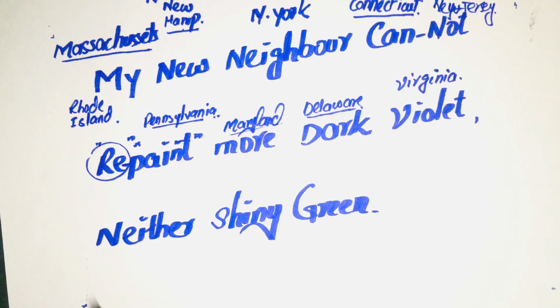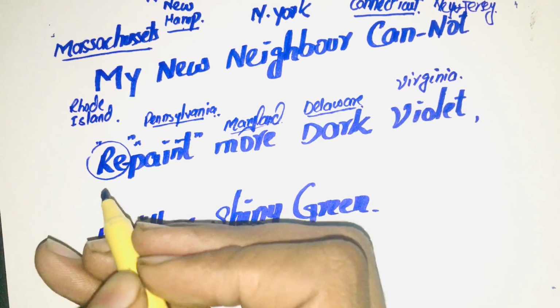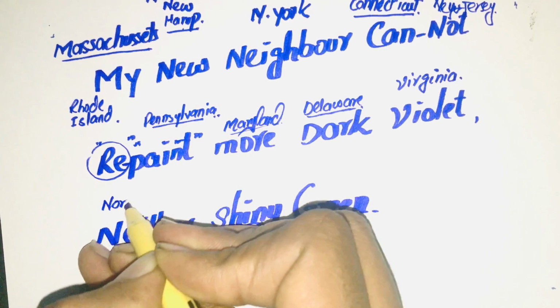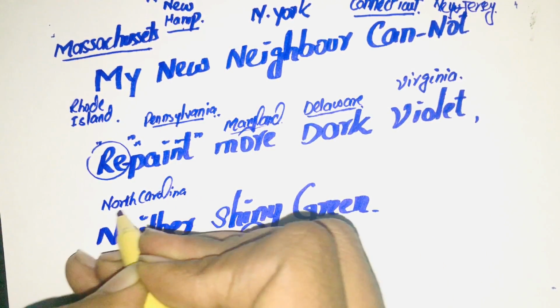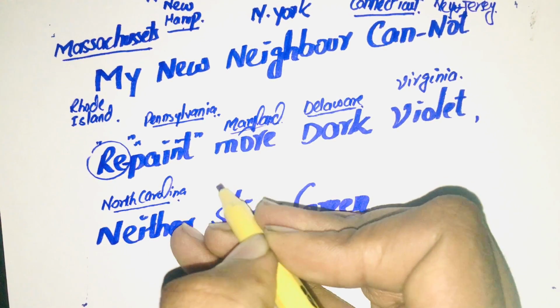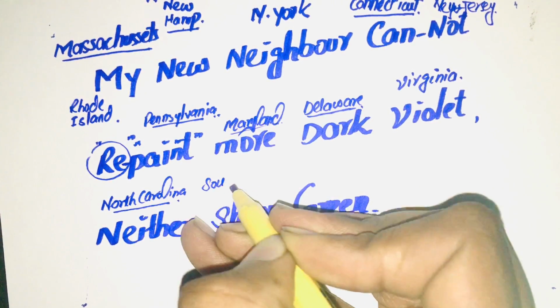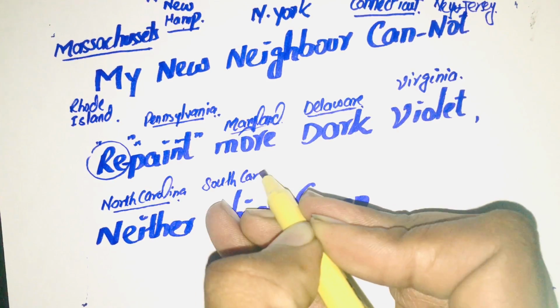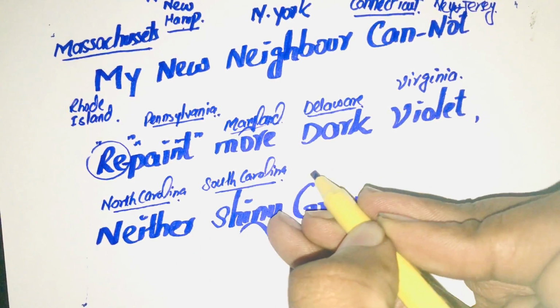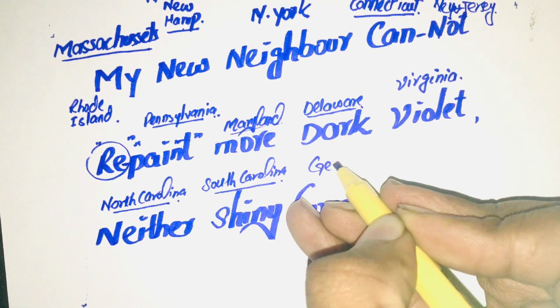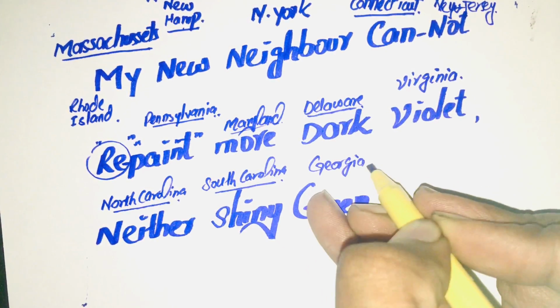And for neither, you have to write North Carolina. For shiny you have to write South Carolina, and for green, obviously one and last, Georgia.